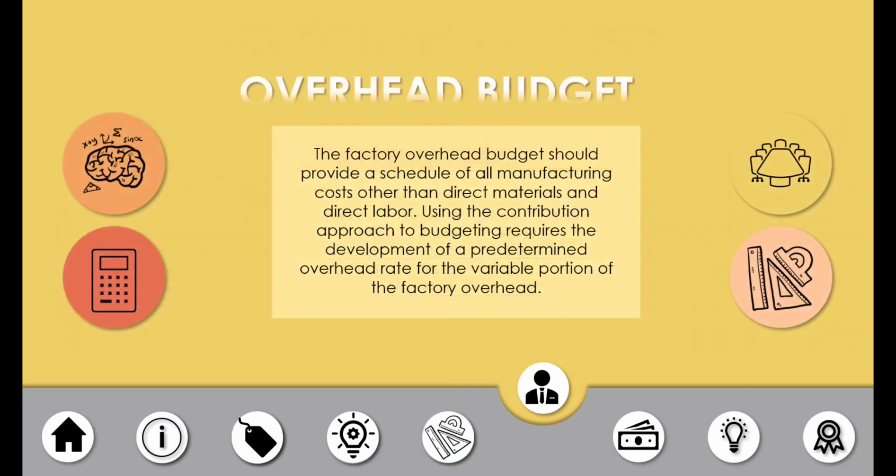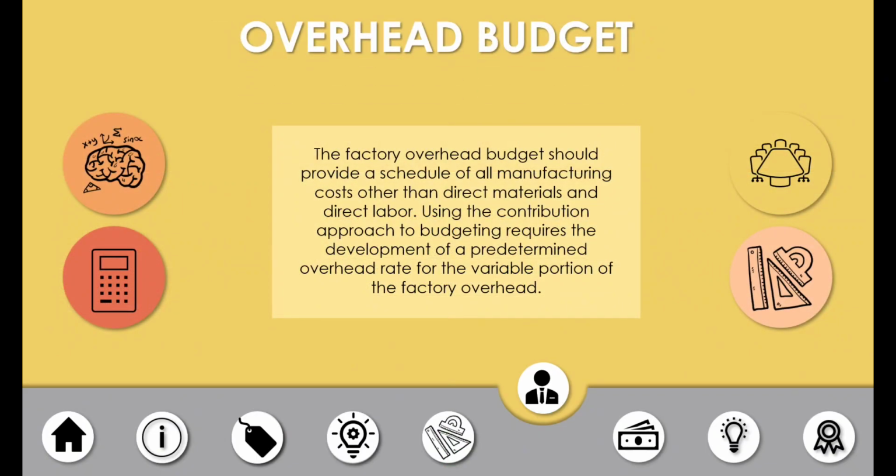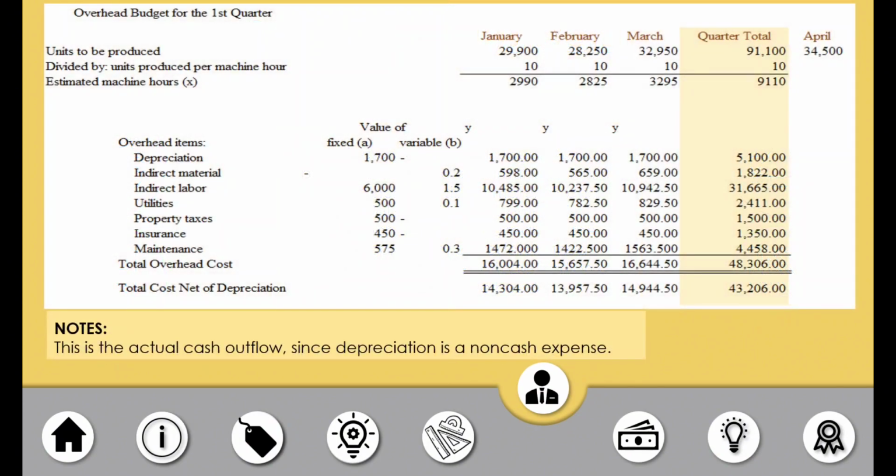Next budget will be the factory overhead budget. The factory overhead budget should provide a schedule of all manufacturing costs other than direct materials and direct labor. Using the contribution approach to budgeting requires the development of a predetermined overhead rate for the variable portion of the factory overhead.